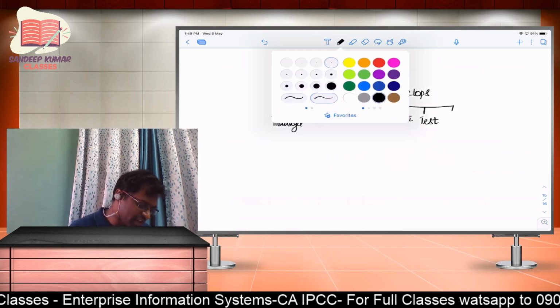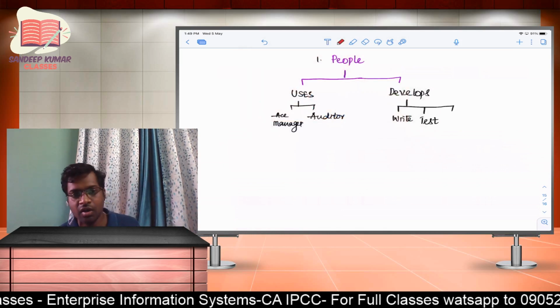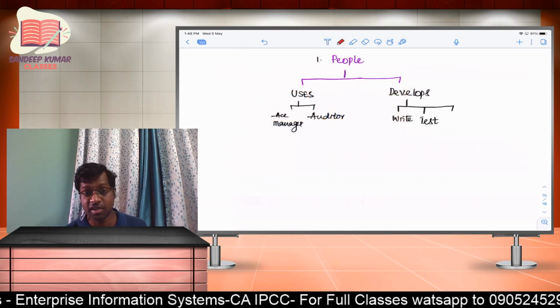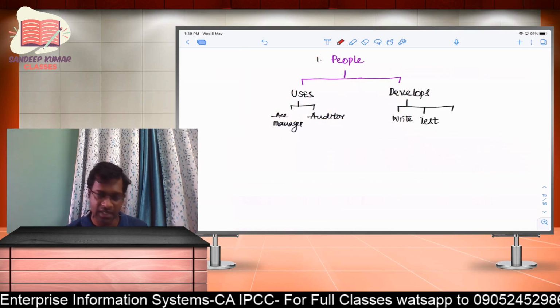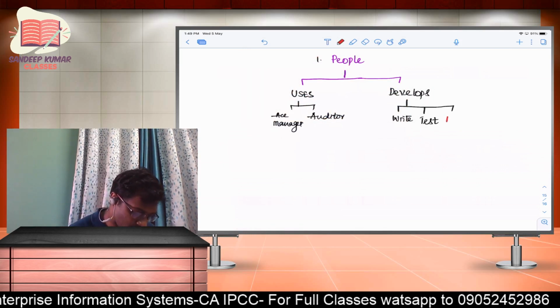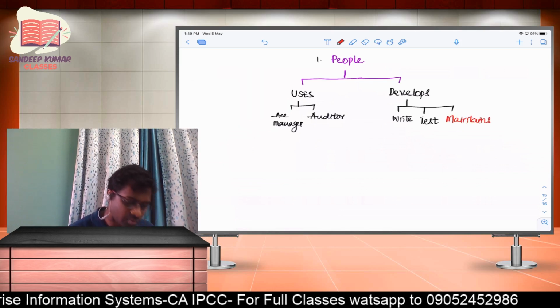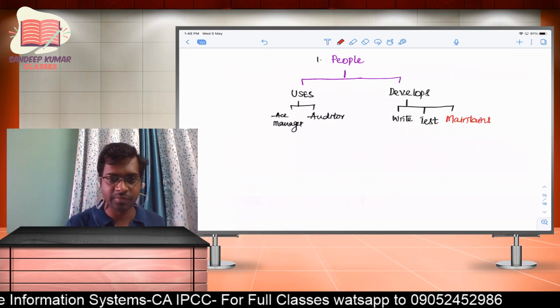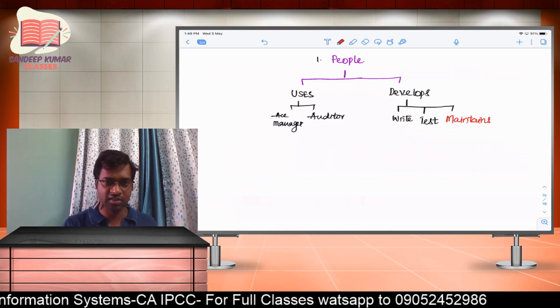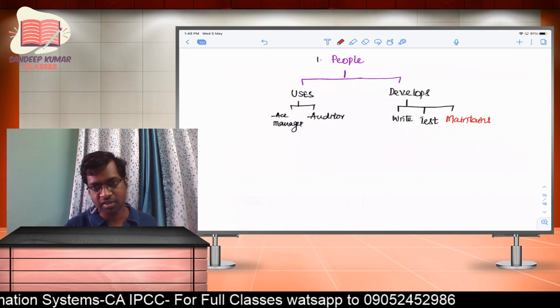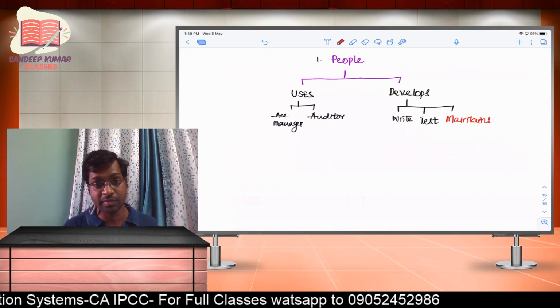We'll have testers, who test these programs to check whether they work as per the business requirement. So testers are also called developers, and also the person who maintains the information systems. Once you develop the information system, you may have another requirement to develop, so that also comes under developing of these information systems.